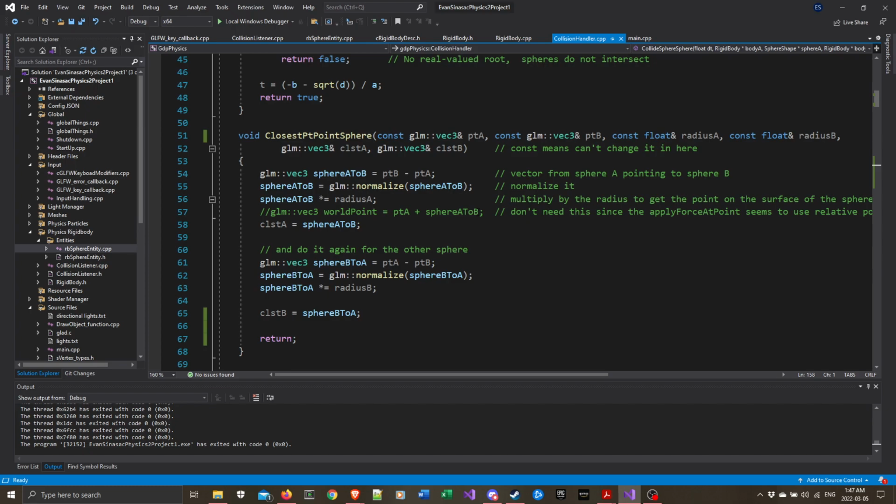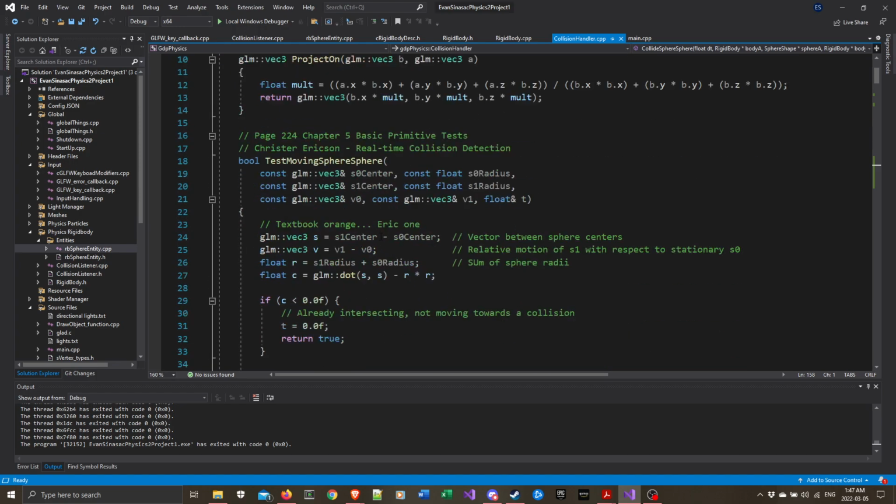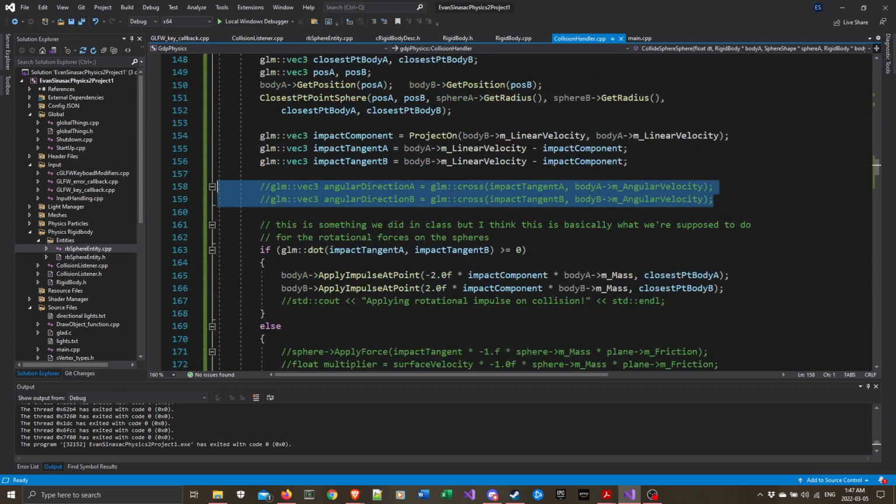The friction would be in the opposite direction of the angular velocity, where the force of the friction is calculated by the coefficient of friction of each object multiplied against each other.